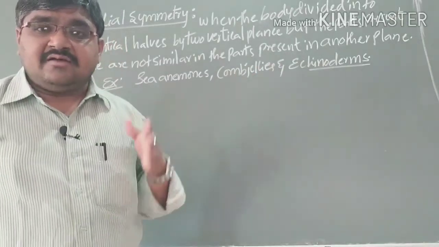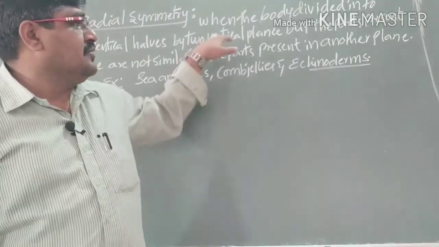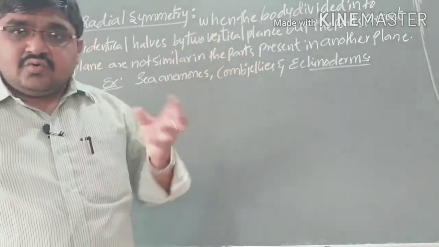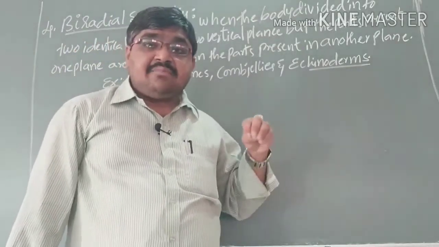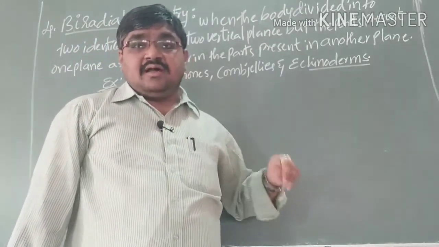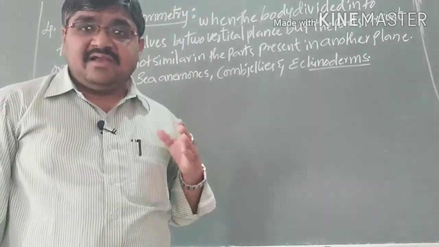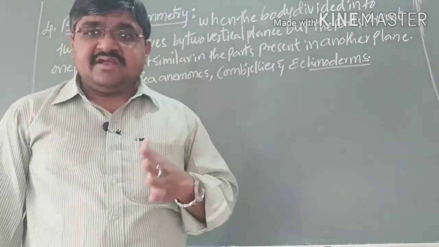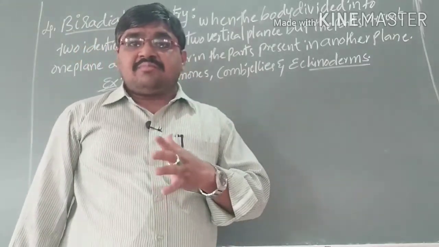So when you cut the organism into two identical halves by two vertical planes, the similar body parts are not produced, and such type of symmetry we call biradial. Bi means bilateral, and radial means radial symmetry; both are present.